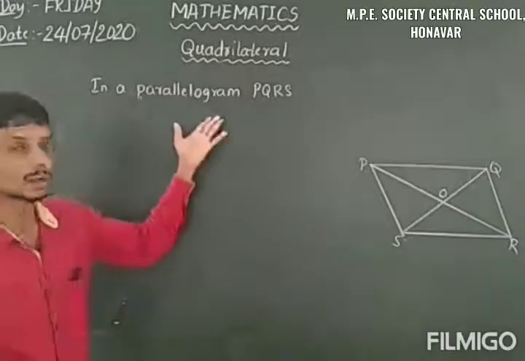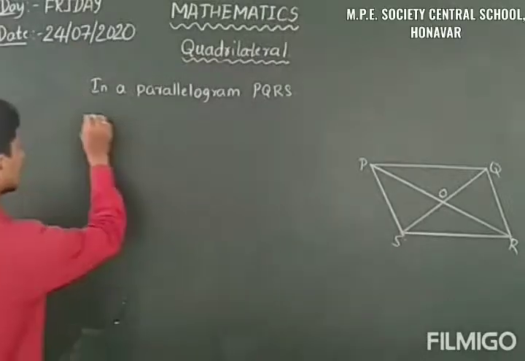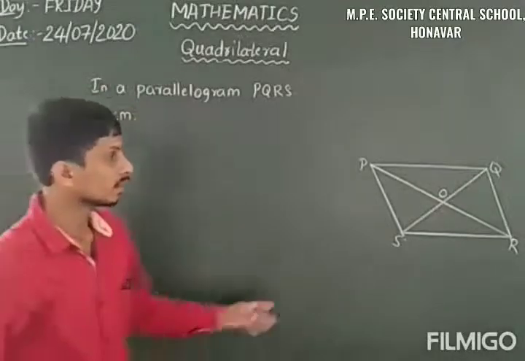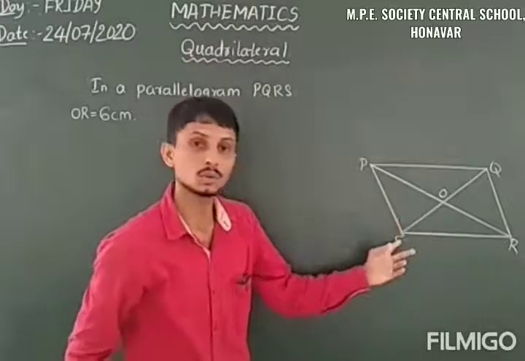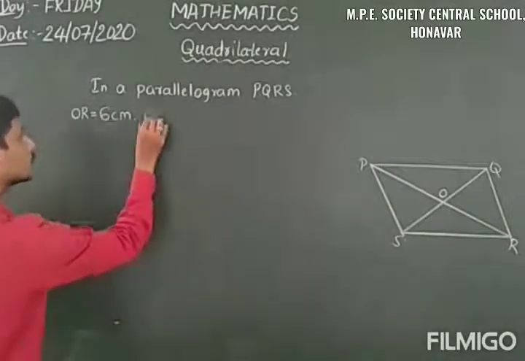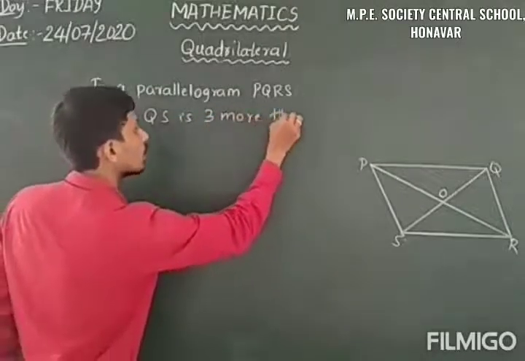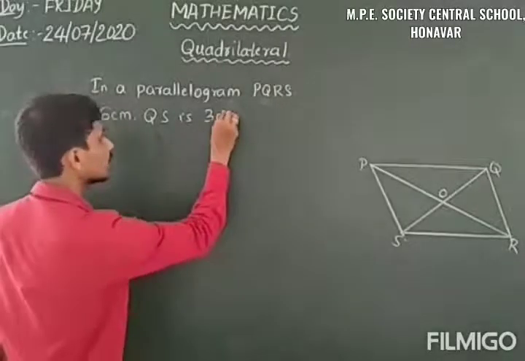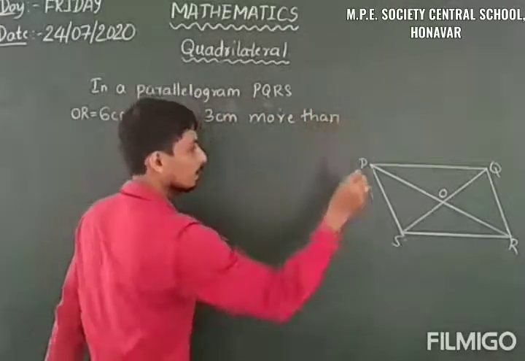So in parallelogram PQRS, OR is equal to 6 centimeter. And QS is 3 centimeter more than PR.